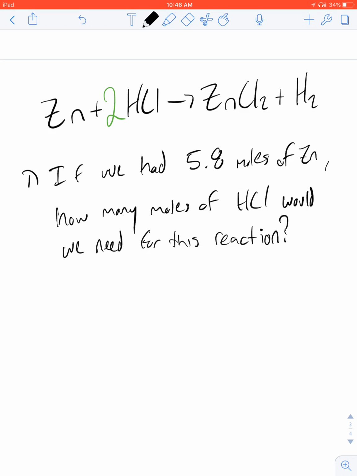So what this question is saying is that we have 5.8 moles of zinc, and we want to make this specific reaction take place. Right? We have 5.8 moles of zinc now instead of just 1. So if we have 5.8 moles of zinc, how many moles of HCl do we need to make this reaction take place? We know from this equation right here, well, if we had 1 mole of zinc, we would need 2 moles of HCl.